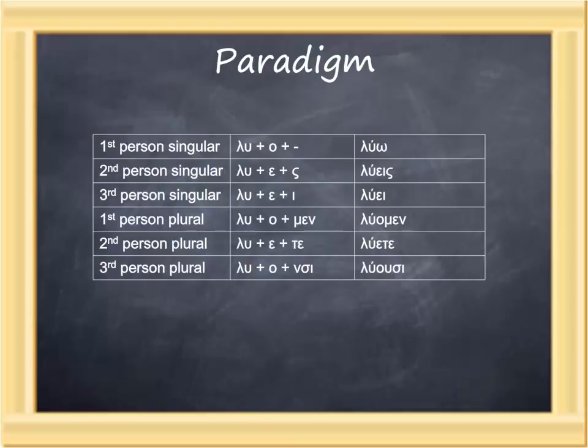That form of the Greek verb is formed by combining the present stem plus a connecting vowel, omicron or epsilon, plus the primary active endings: nothing, sigma, iota, men, te, nsi. The resulting forms, from first person singular to third person plural, are luo, lueis, luei, luomen, luete, luousi.